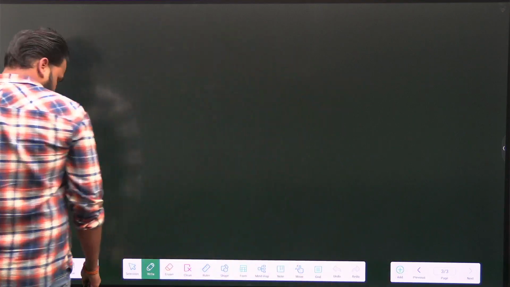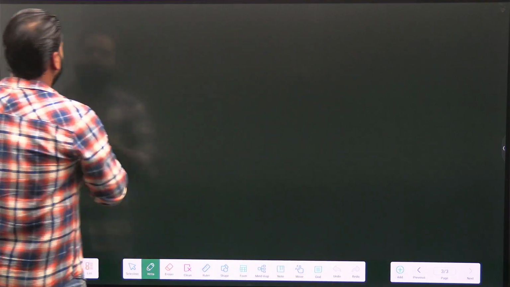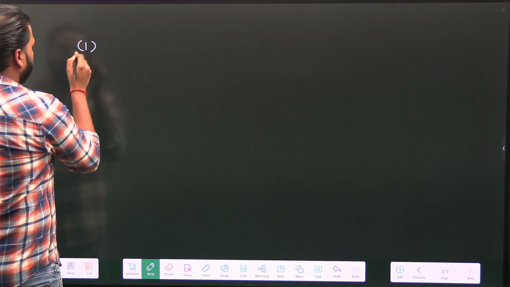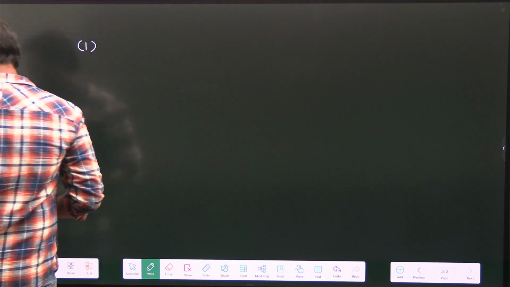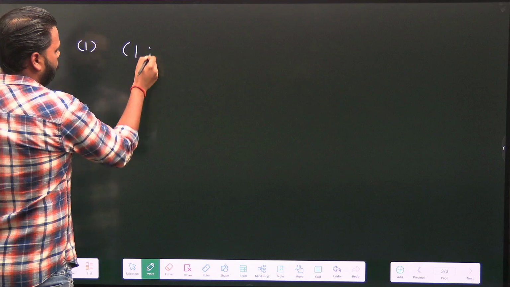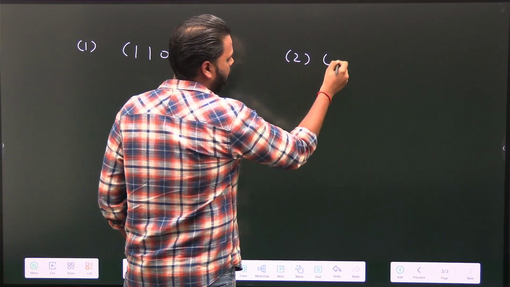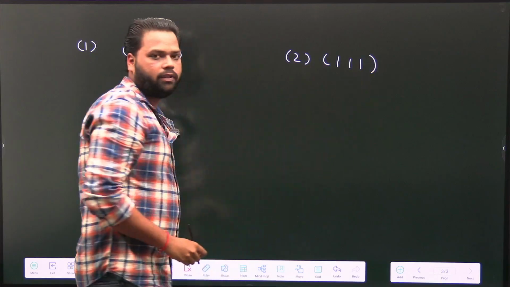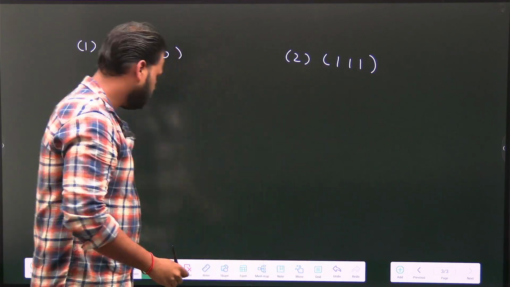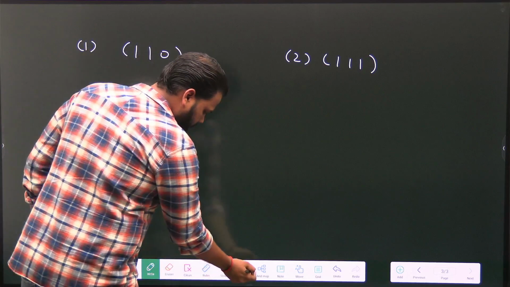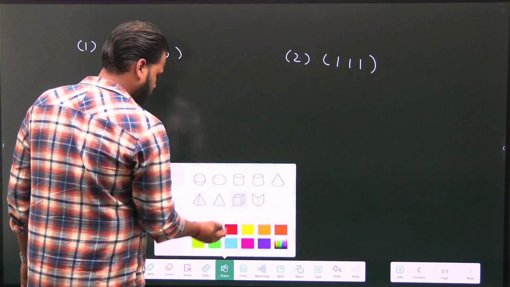I am giving Miller indices here. Let's suppose the first indices is 1 1 0 and the second one is 1 1 1. Please everyone kindly draw the planes in the notebook. I am drawing here.